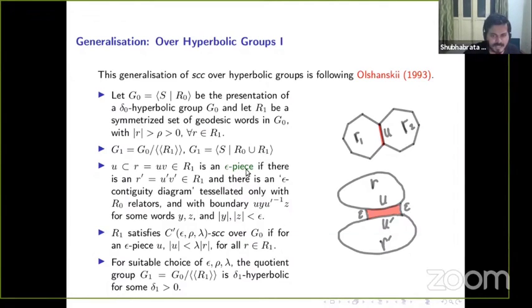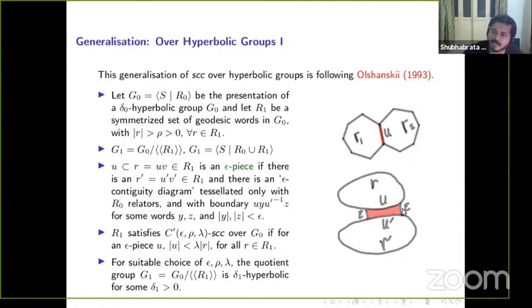Now, an epsilon piece with respect to R1 is something like this. Some subword of R1 words, like R and R prime, we will call an epsilon piece. U is an epsilon piece if it appears in an R1 word like this.